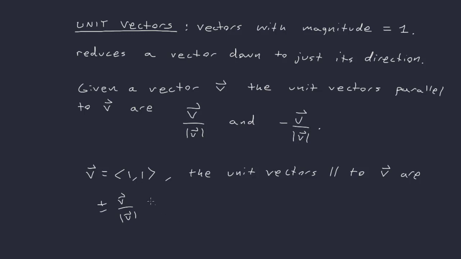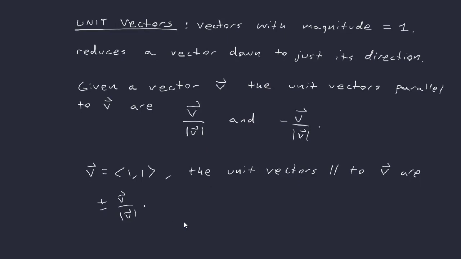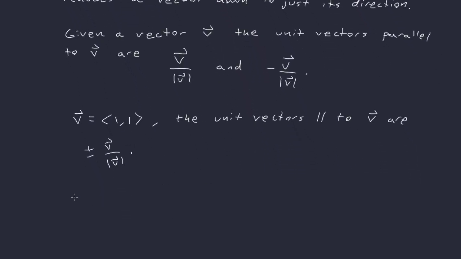So first we need to calculate the magnitude of v. Okay, so let's give ourselves a new line here and do that. The magnitude of v is of course going to be the square root of 1 squared plus 1 squared, which is going to be the square root of 2.